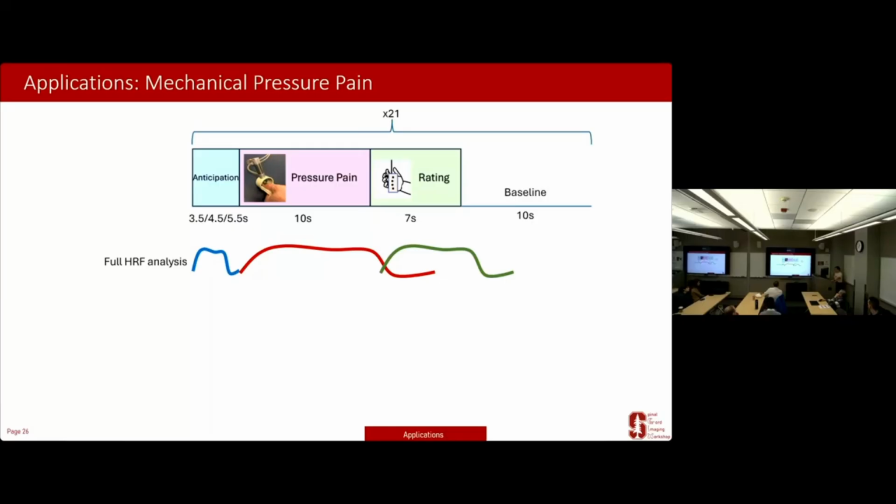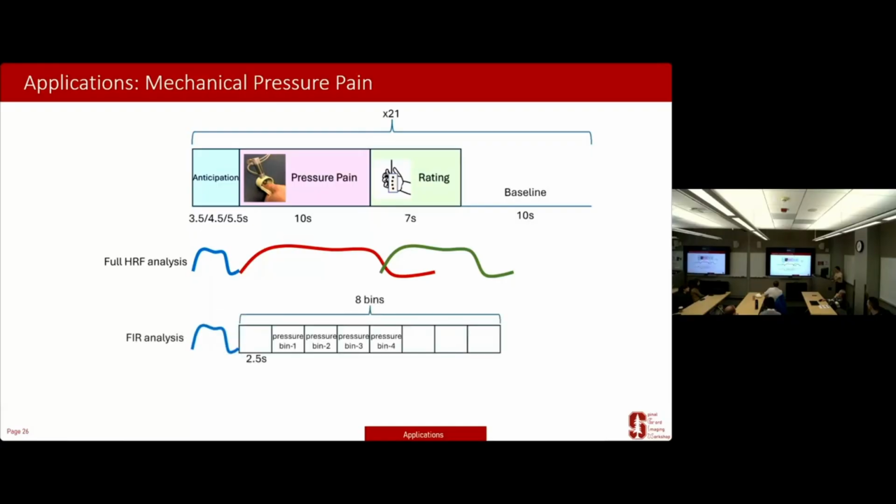To see temporal dynamics, I reran the analysis, modeling the anticipation period as before, but for pressure pain and rating, I modeled them using a finite impulse response, or FIR, basis function. I used 8 unconvolved time point regressors, which we will call bins. Each bin represents 2.5 seconds, which is the same as our TR.